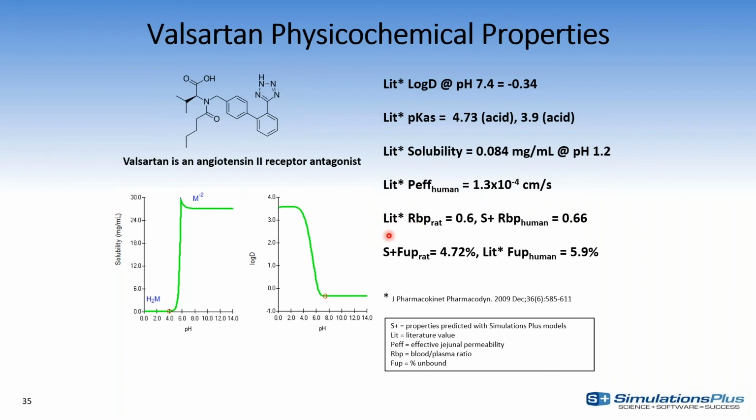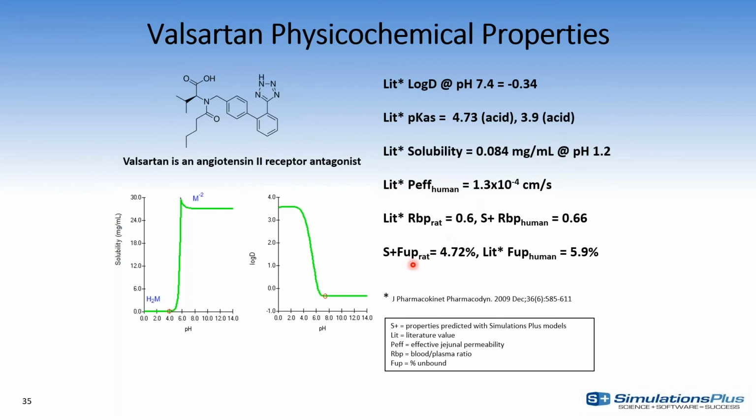For the RPP for the rat, we could find a literature reference. It's 0.6. For the human, Mpredictor gives a prediction of 0.66. We can see that it's very close to the measurement in the rats, but in this model we're just going to keep the rat RPP for the human.